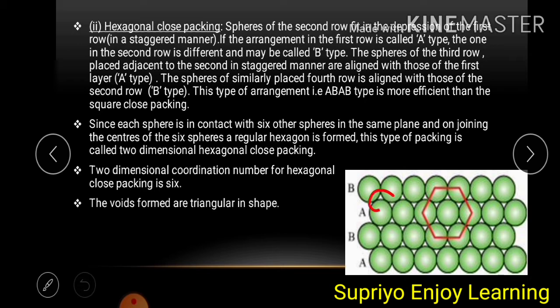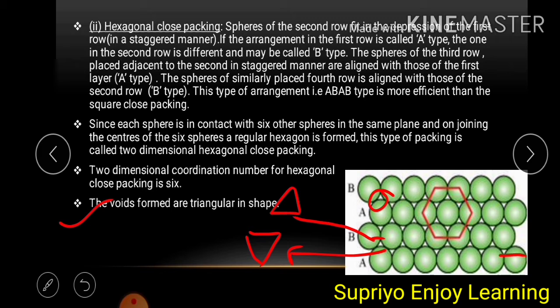The voids formed between the spheres have triangular shape. So the voids formed are triangular in shape. In the first layer, the triangular voids have apex downward. In the second layer, the void has apex upward.